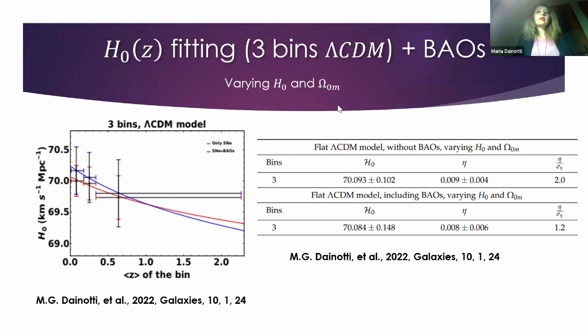We still have this evolutionary trend for 3 bins at 2 sigma, and at 3 sigma for the flat lambda CDM. Including the BAO, it is at 1.2 sigma, and without BAO, varying H0 and omega m, it is at the level of 2 sigma. You can see, in fact, that the trend is still present.